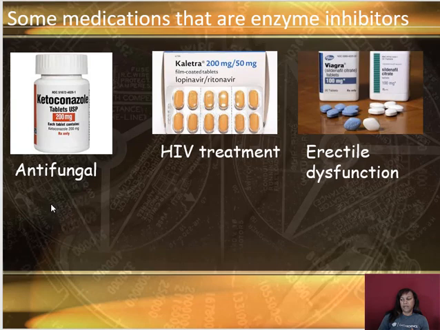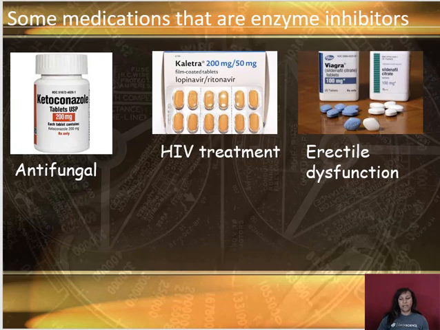Sometimes people get really bad fungal conditions of the nails of the feet or the hands, and they're put on ketoconazole to try to stop that fungal condition. Some HIV treatments, such as Kaletra, are enzyme inhibitors. And one that you will probably all know because you've heard of it, Viagra, is actually an enzyme inhibitor.